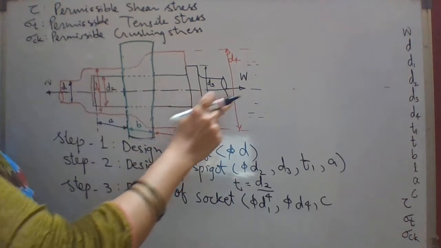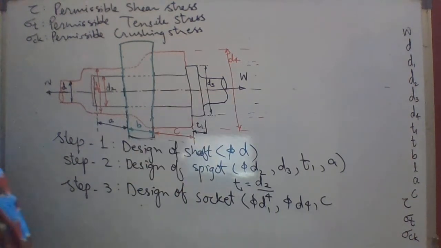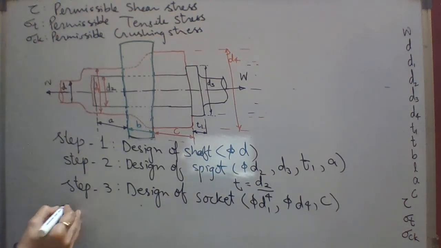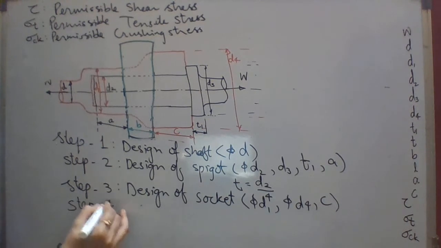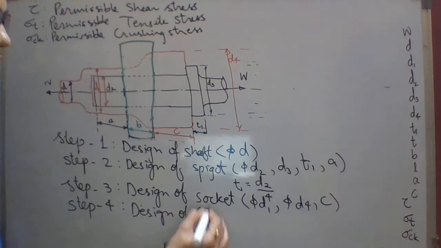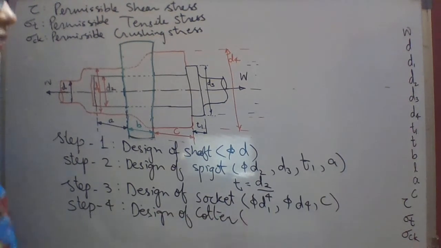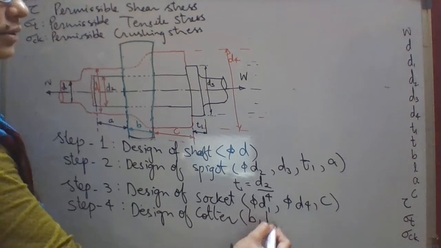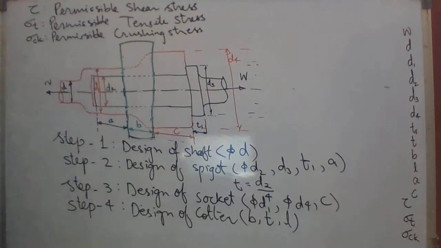D1, D2, D4 and C. So these many dimensions will be designed in this step. Now step number 4 is design of cotter. You are very well aware that the alphabets specific to the cotter are B, T and L. So in these 4 steps we will design the complete cotter joint.